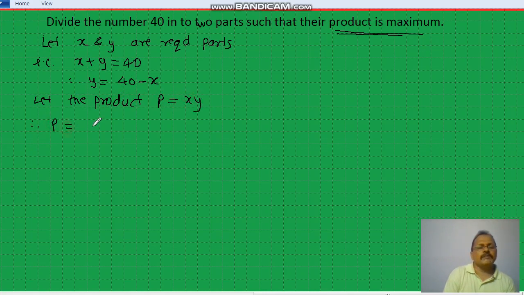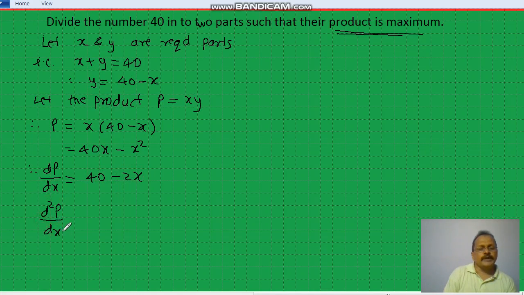Therefore P equal to x into 40 minus x equal to 40x minus x square. Therefore dp by dx, first derivative, is 40 minus 2x, and second derivative d2p by dx square is equal to 40 derivative 0, minus 2x derivative is minus 2.